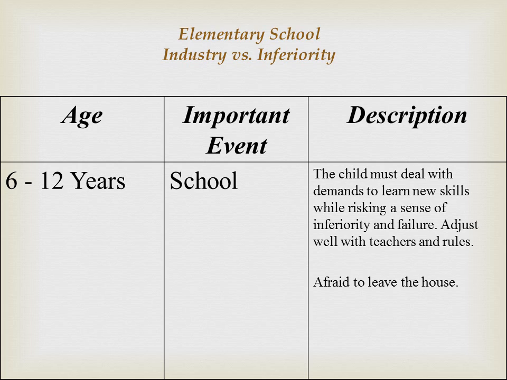You're beginning to try a lot of new activities, sports. Or are you going to be inferior because you feel like you have no trust, you have shame and doubt, you didn't master the initiative to try new things? Now you feel inferior and you won't leave the house, you don't have a lot of friendships, and you feel like you're doing poorly in school.